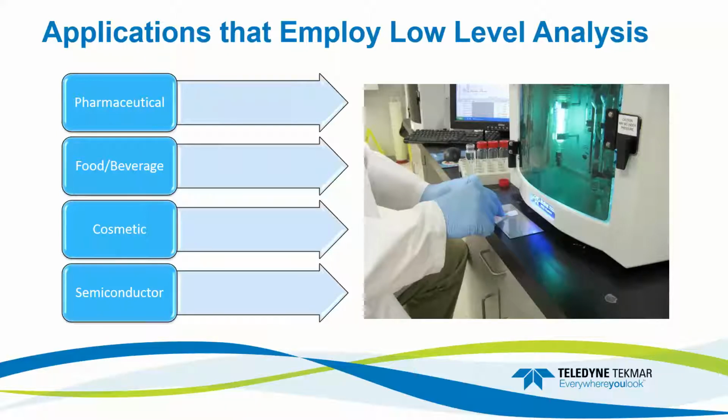For clean in place, CIP, or swabs, we need to be able to measure low levels of contamination. So it's very key to have clear, good, and precise analytical results at a low level, and that's one thing we see with the Fusion in the pharmaceutical realm. Also in food and beverage, cosmetics, and semiconductors, low-level analysis is very key.